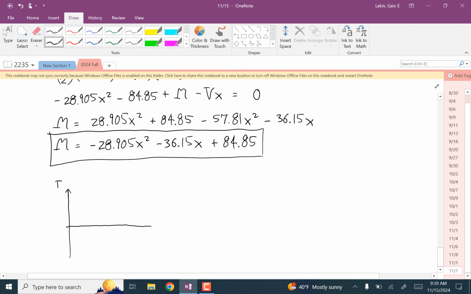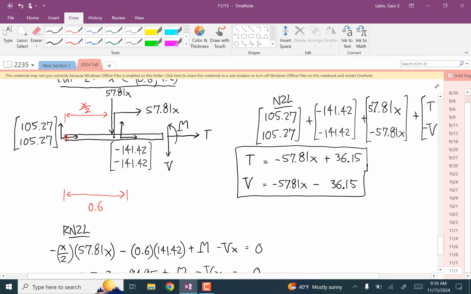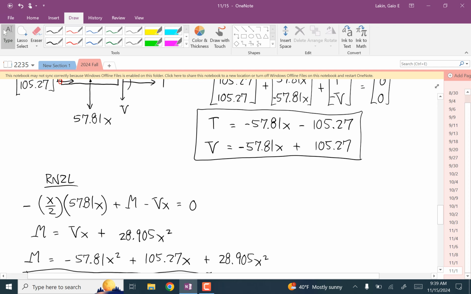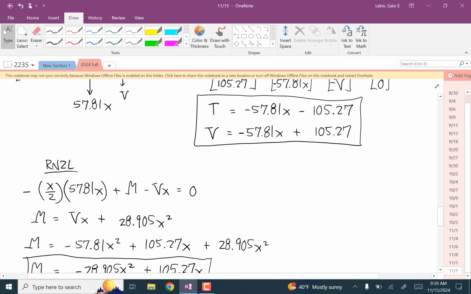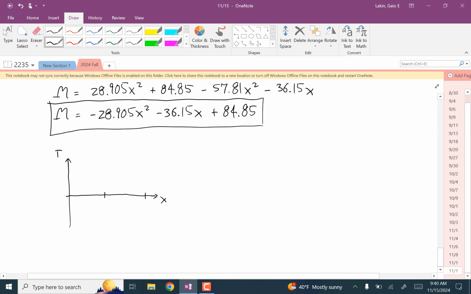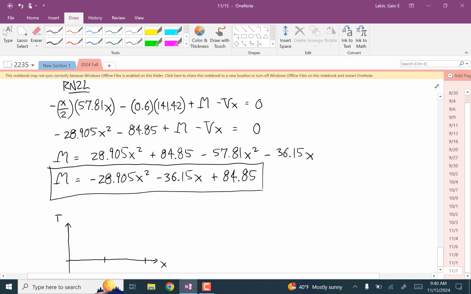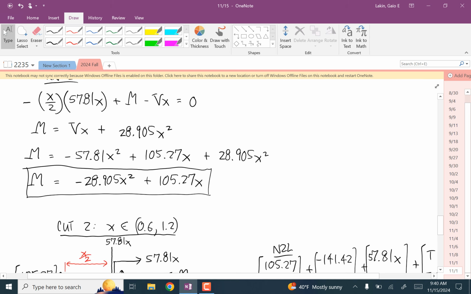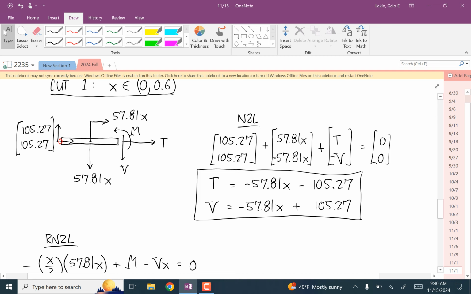For the internal tension, we have a linear function that goes from negative 105.27, and then we can find the endpoint of this line by plugging in, for cut 1, 0.6 to that function.